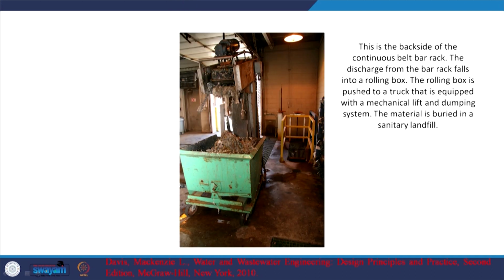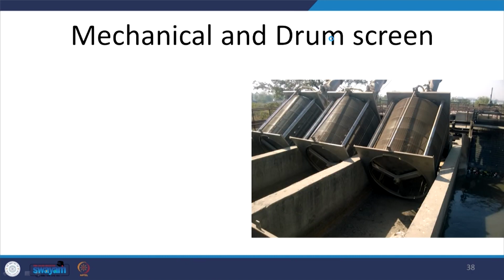So, you can see the kind of waste that is being collected from the back of the bar rack. In India we see much more different kinds of waste, but this was from a relatively more developed country where the sewerage network and the kind of waste that comes in are relatively more controlled. That is something to keep in mind. In mechanical screening we also have drum screens.